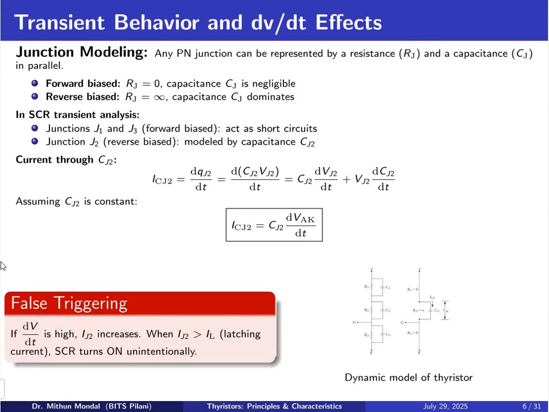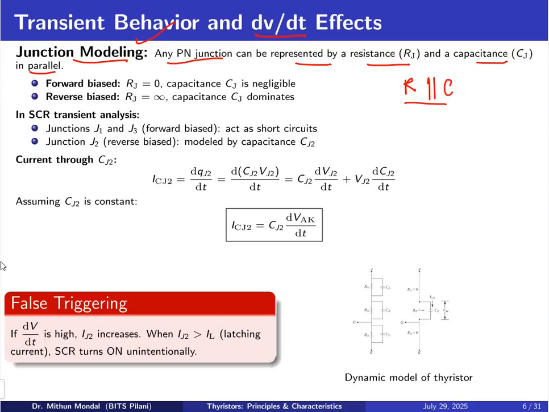Now we will see the transient behavior and what the dV by dt effect is in the case of the thyristor. In the junction modeling, any PN junction can be represented by a resistance denoted by Rj and a capacitance Cj in parallel. So basically it is one resistor in parallel with one capacitor.